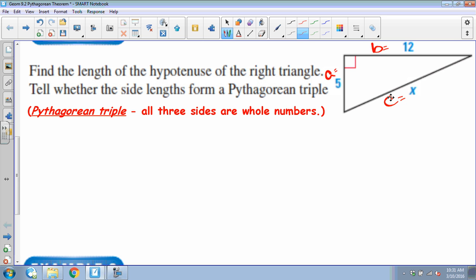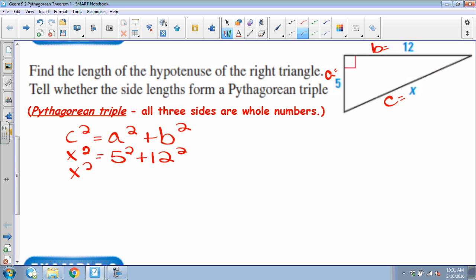Okay? And so C squared equals A squared plus B squared. C is X. So X squared equals 5 squared plus 12 squared. Okay? So X squared equals 25 plus 144.